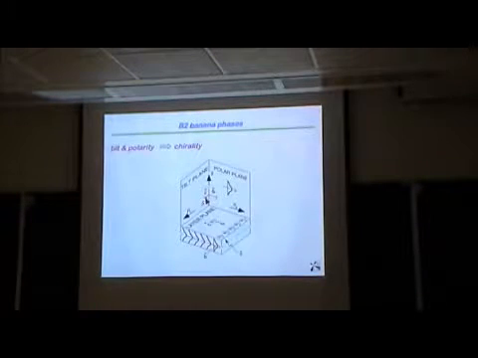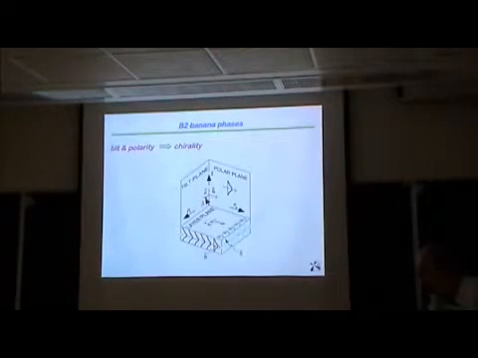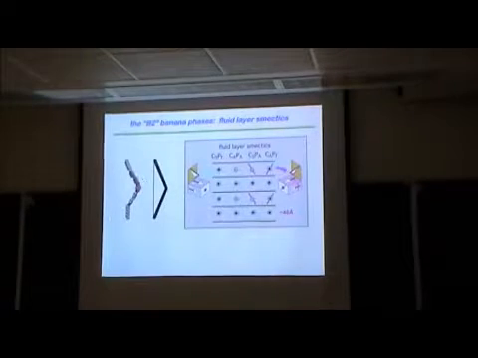And one is the phases of bent core molecules. So this is what we call a banana. It has a banana-shaped core and then these two flexible tails.